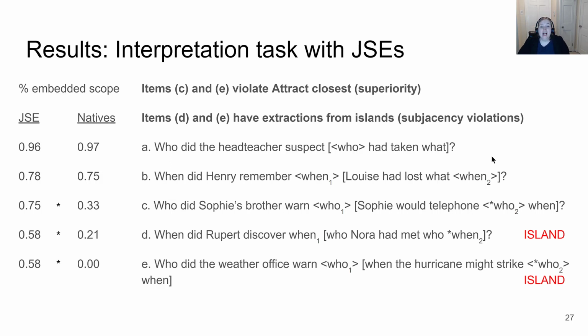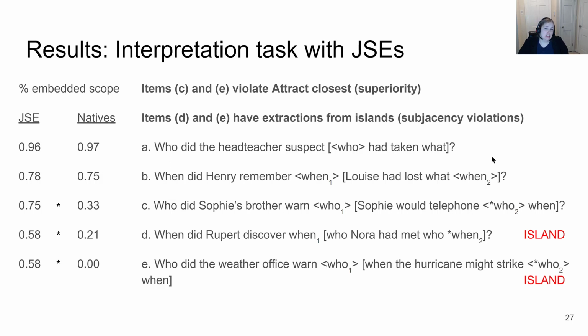However, C and D and E, which have violation, or 2 violations, they're really low, right? So we have 33% acceptance of embedded scope for C, 21% in D, and nothing in E. Okay, so my question was, what about the second language learners?